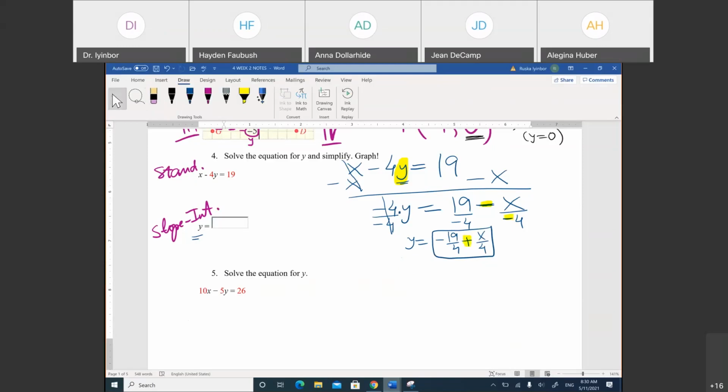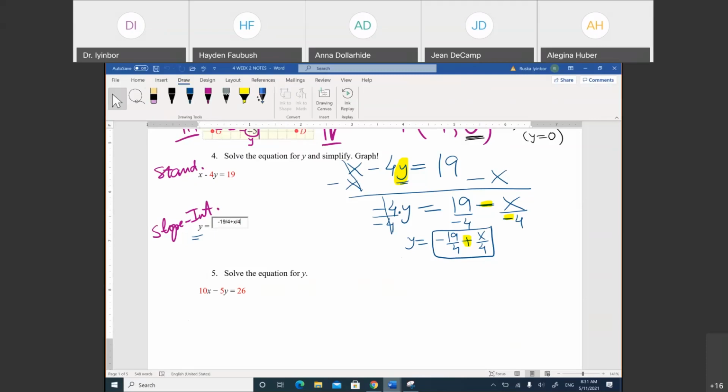Any questions here? We're going to put negative 19 over 4 plus x over 4. Okay? And we're going to graph this in a minute. I'll show you how to graph it in WebAssign, because we're going to graph it in WebAssign.